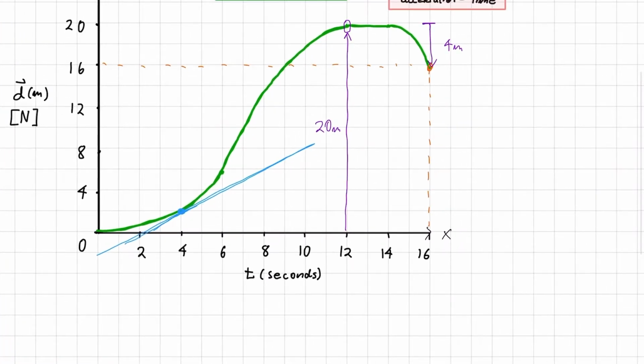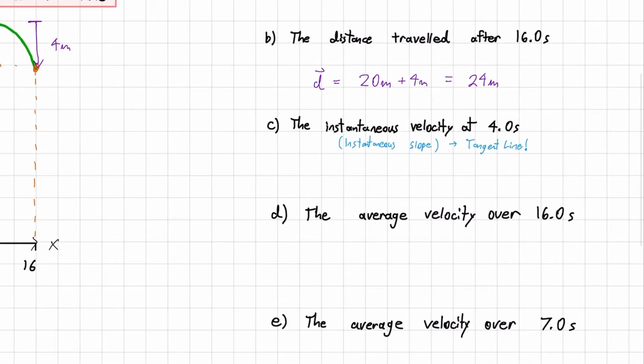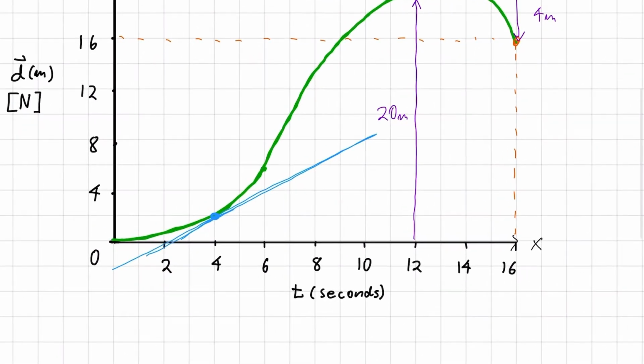Okay, now to do our calculations. The velocity is equal to delta D over delta T. And that is the change in distance over the change in time.